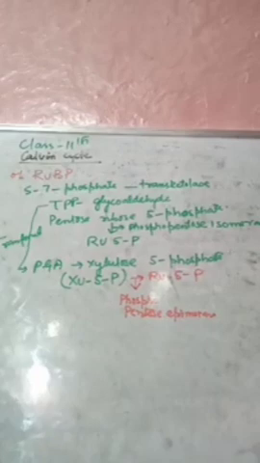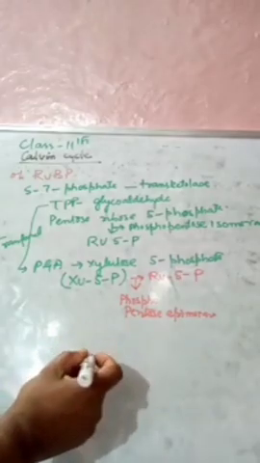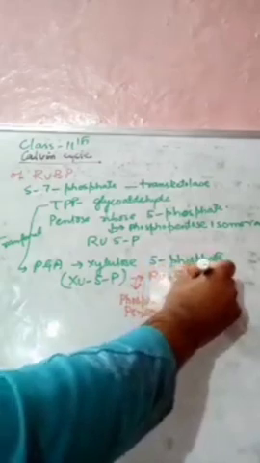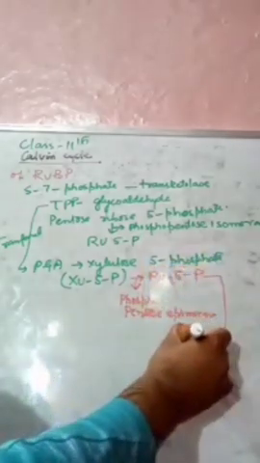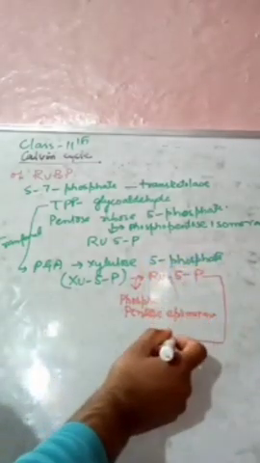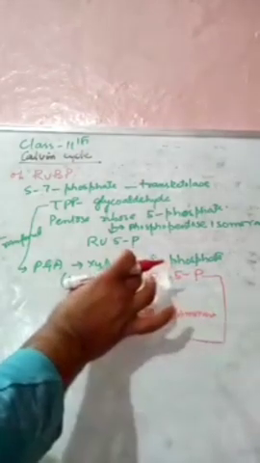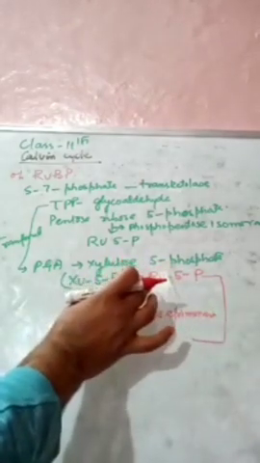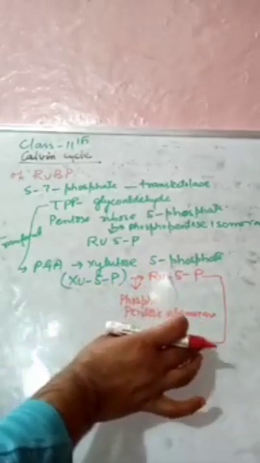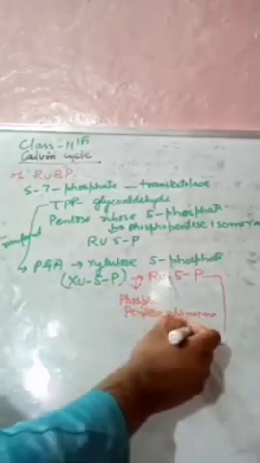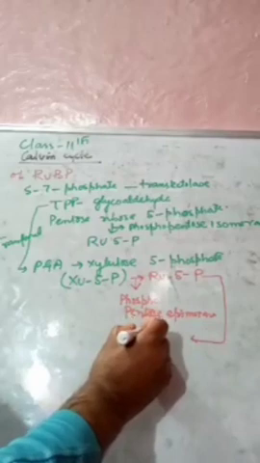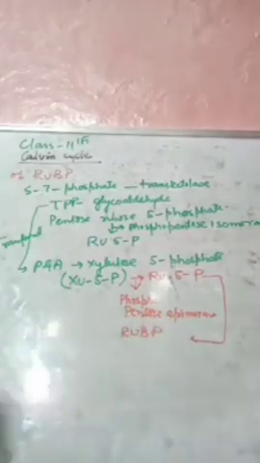And this ribulose 5-phosphate is then phosphorylated. Here we see that it ultimately forms ribulose bisphosphate and ADP. In this way, this whole reaction gets concluded.